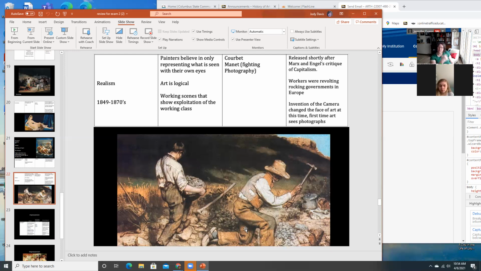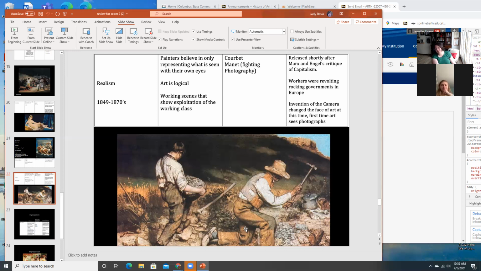Now, Courbet claimed that he was sitting in his studio one day and looked out the window and these people were sitting here. It seems a little contrived to me, like the fact that he was sitting in the studio and these two people perfectly showed up at the right age, at the right time with the right information. Okay.